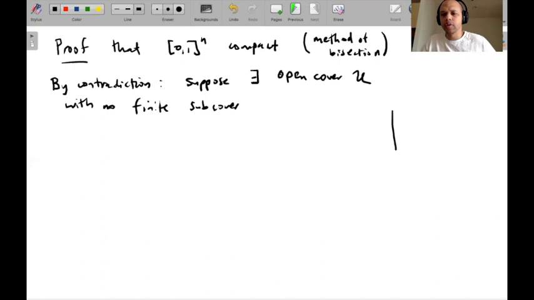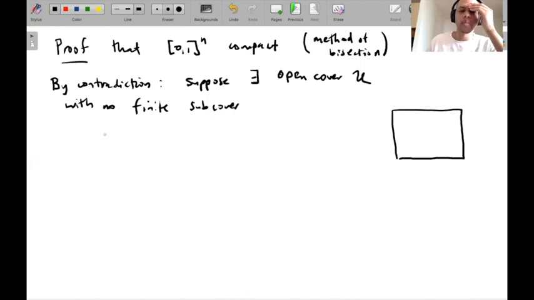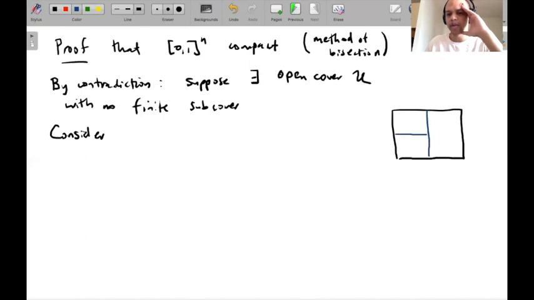Okay, so there's no finite subcover for this open cover. So then, what we're going to do, the main observation, is that if you have a cube and you break it up into quadrants, then you get smaller cubes, and you can apply this assumption to the smaller cubes.